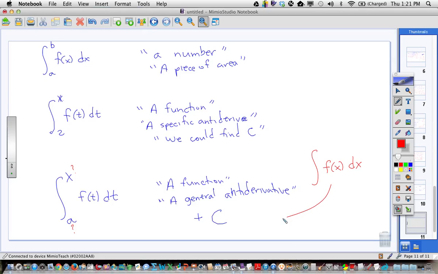And that came to mean the general antiderivative with a plus c on it. And that's the notation we'll use. This is called an indefinite integral.